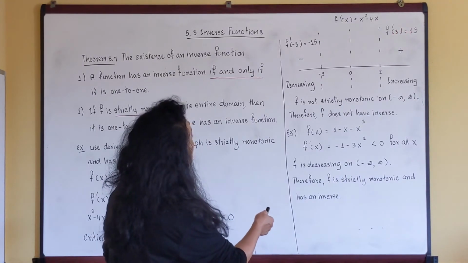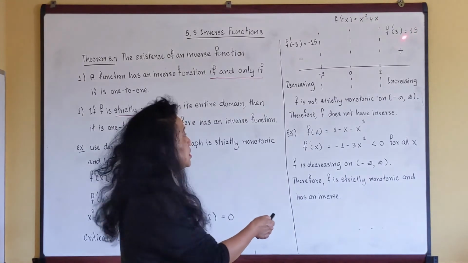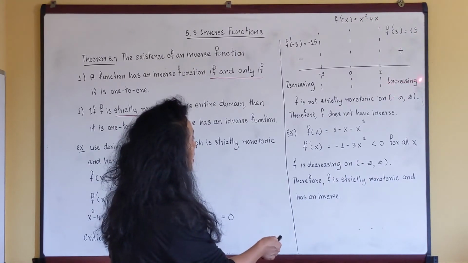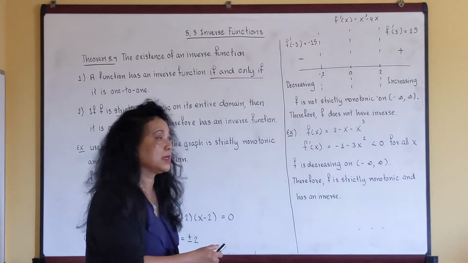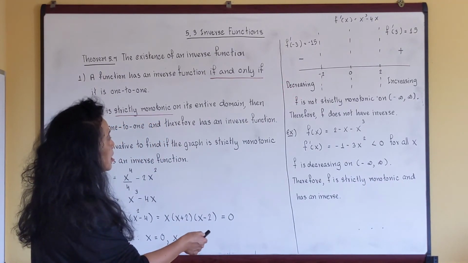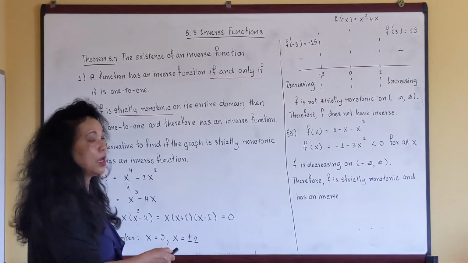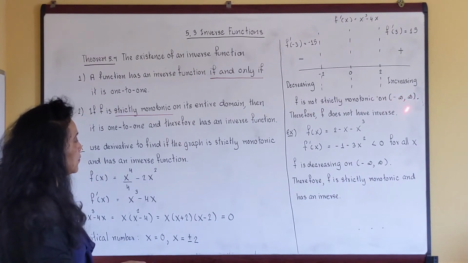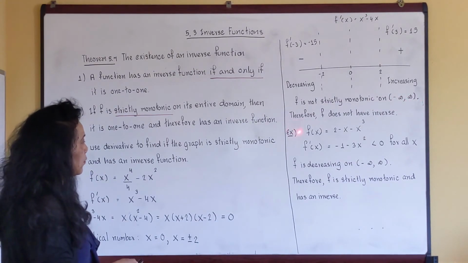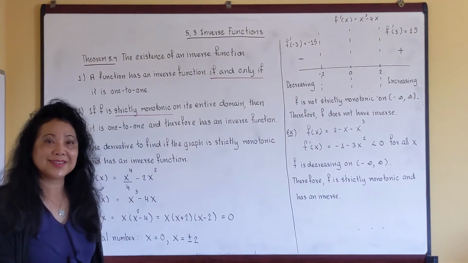I pick 3: 3 cubed minus 4 times 3, I get 15, which is positive, which means increasing. You can test the others too, but it's unnecessary because it's already shown that this is decreasing and this is increasing. So it's not strictly monotonic on negative infinity to infinity. Therefore, the function f does not have an inverse.